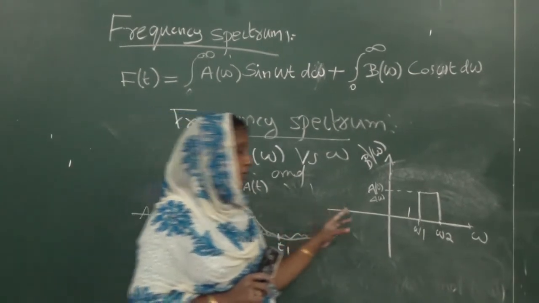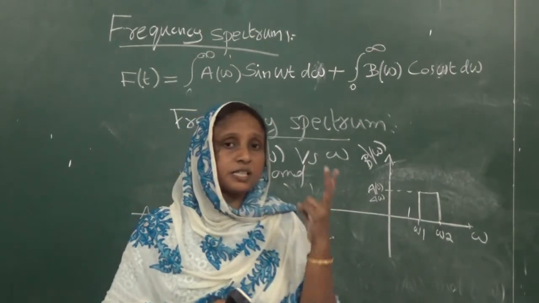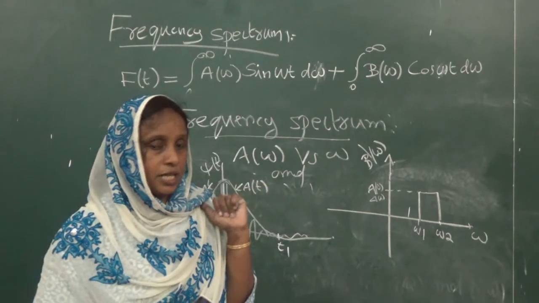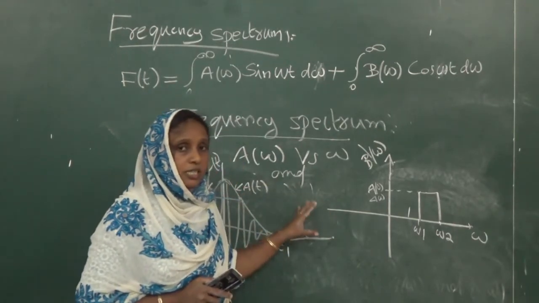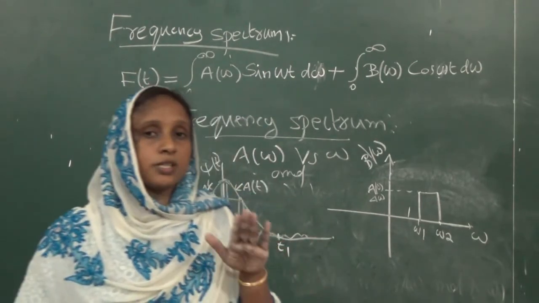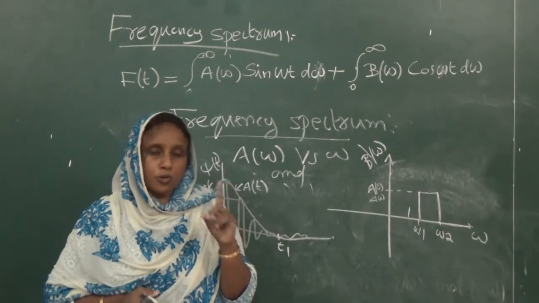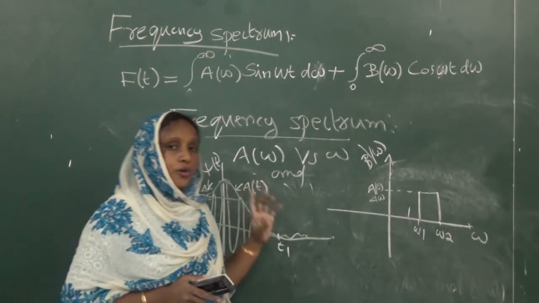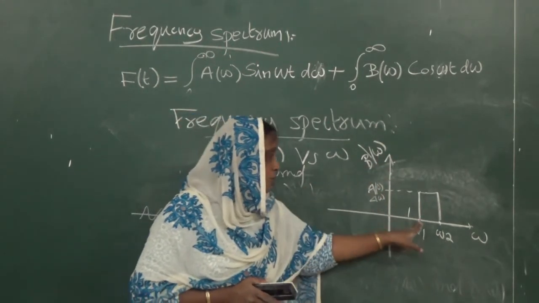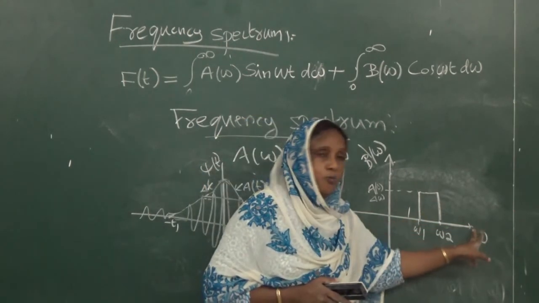Hope that you get how to plot this frequency spectrum. There are two coefficients in the Fourier integral, called Fourier coefficients. In the special case of this psi of t, A of omega equals 0, because its representation has only one integral, which contains cos omega t. So here the coefficient is only b of omega. This b of omega equals 0 up to omega 1 and greater than omega 2.